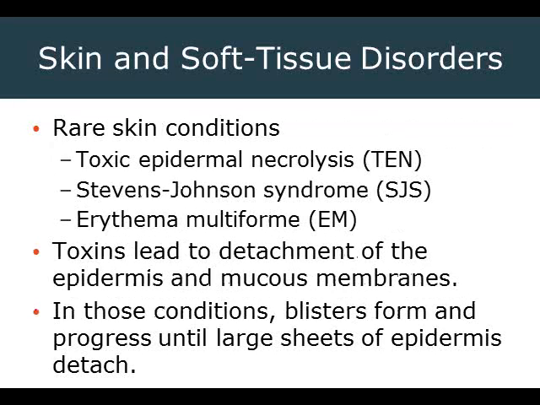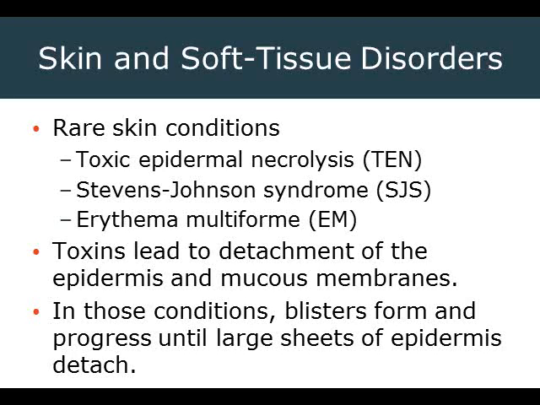There are some other pretty rare skin conditions that occur from time to time. Things like toxic epidermal necrolysis, Stevens-Johnson syndrome, erythema multiforme. These are toxins that lead to detachment of the epidermis and the mucous membranes.